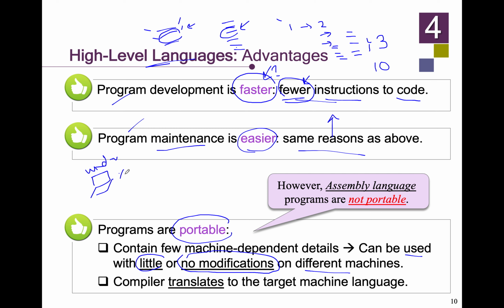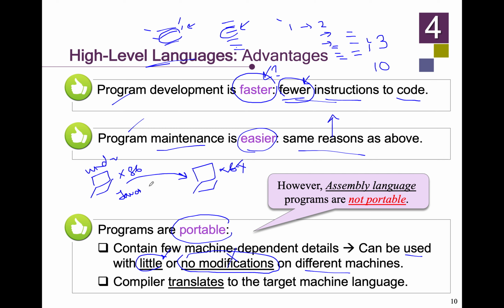This one is x86 32 bits, and you have x64 machines. So when you have Java programming and you move to another new machine, sometimes there is no need for you to do any modification, but sometimes you need only little modification.